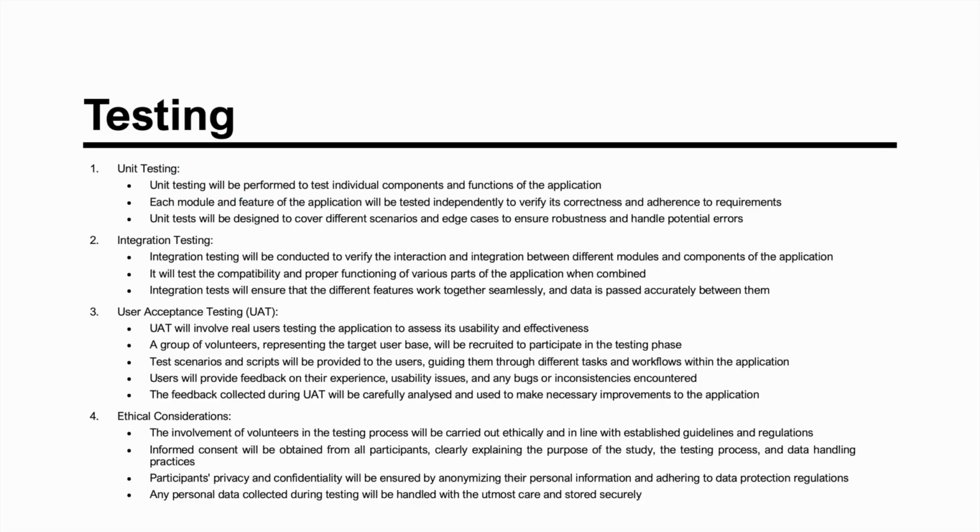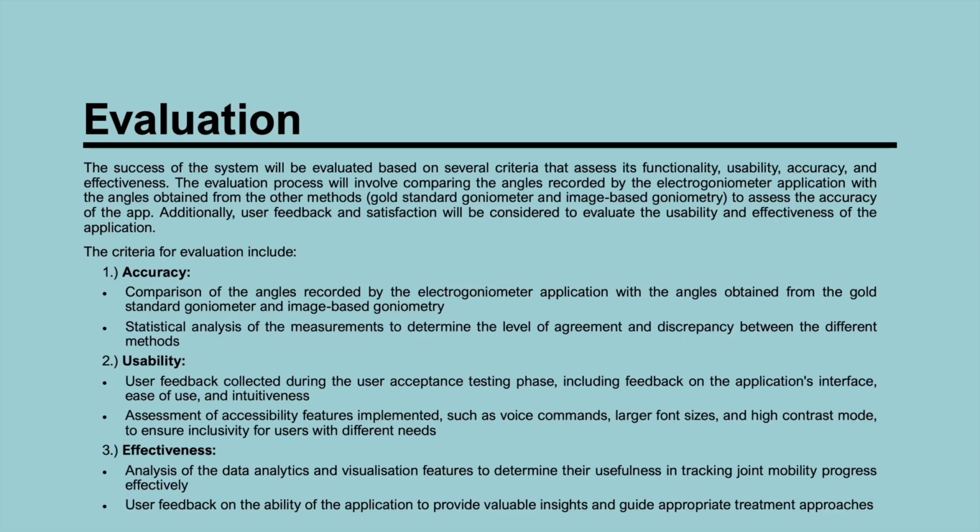For testing, the enhanced electric goniometer application will undergo comprehensive testing, including unit testing, integration testing, and user acceptance testing. Ethical considerations are at the forefront, ensuring participant consent, privacy, and compliance with GDPR regulations. For evaluation, user feedback and collected data will drive the evaluation process.